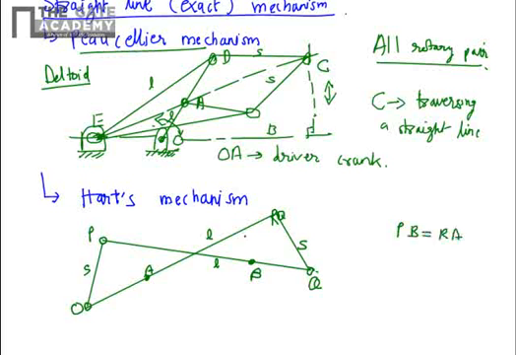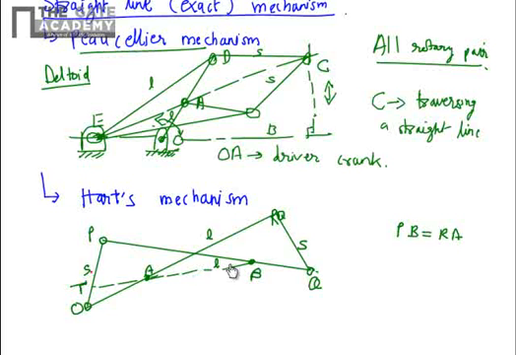The same distance you have to choose. Then if you connect AB by a dotted line, it will cut the line PQ at some point, let's say T.